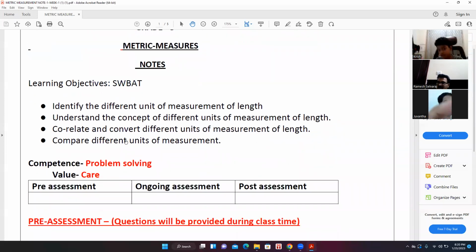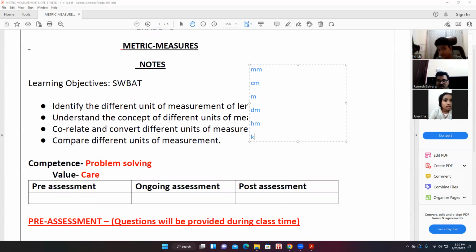Okay, so we will study about different units of measurement, like millimeter. On that day, we were discussing millimeter, centimeter, meter, and all, right? Do you remember? Millimeter, centimeter, meter, decimeter, hectometer, and kilometer.